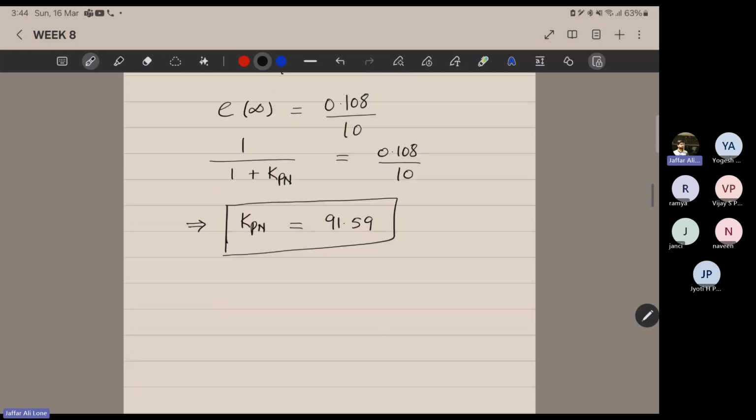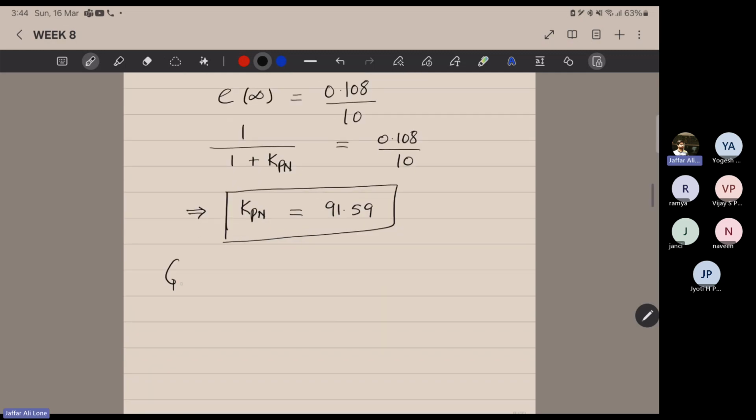Now I need to design a lag compensator, which is given as K divided by s plus Zc divided by s plus Pc.